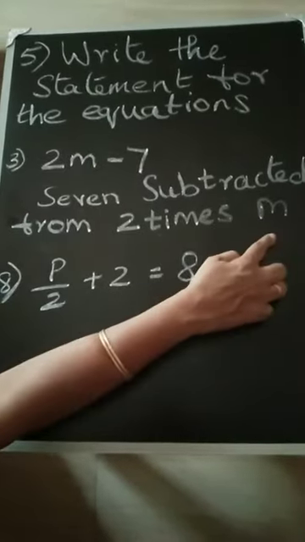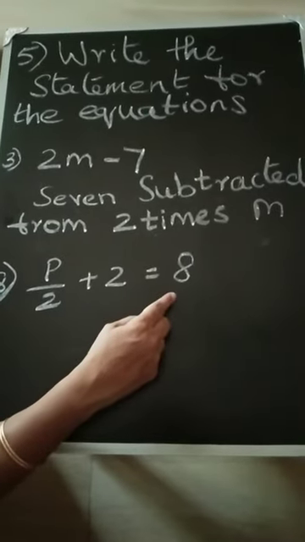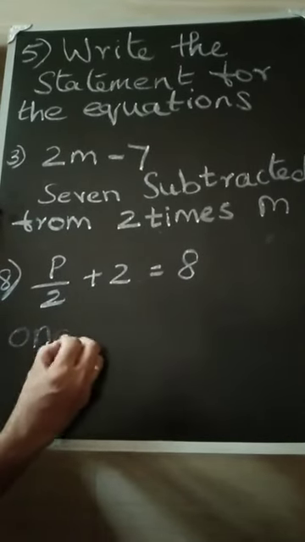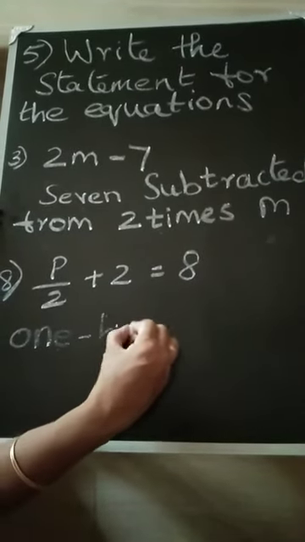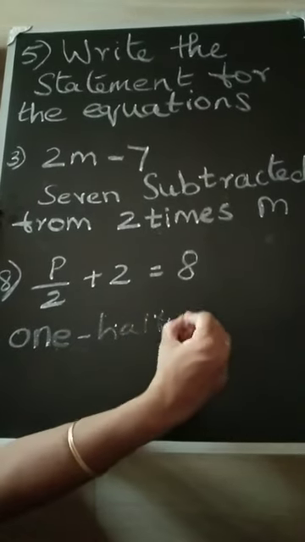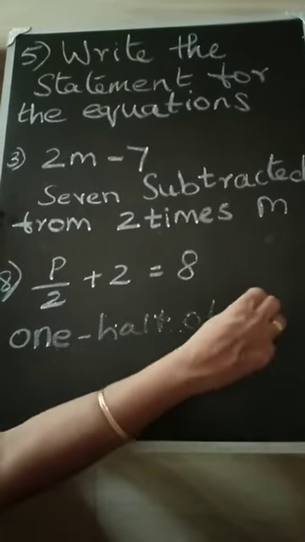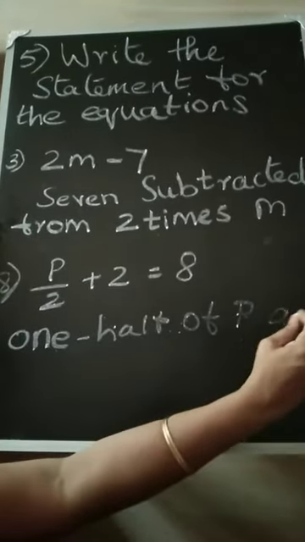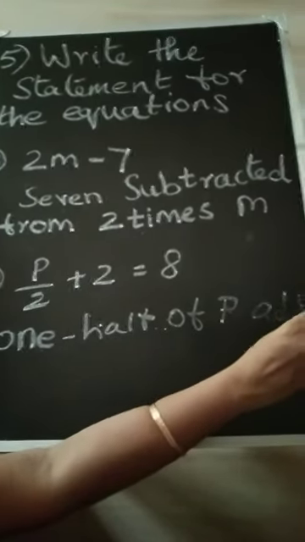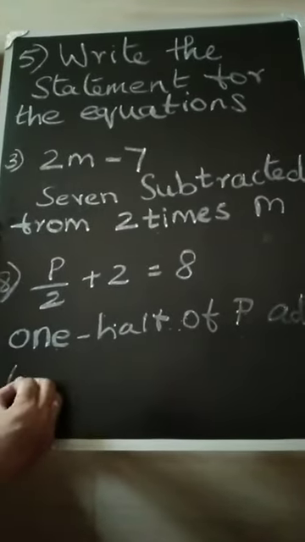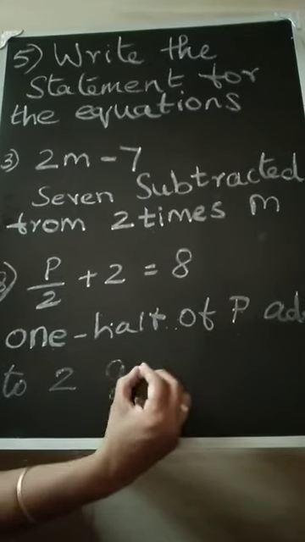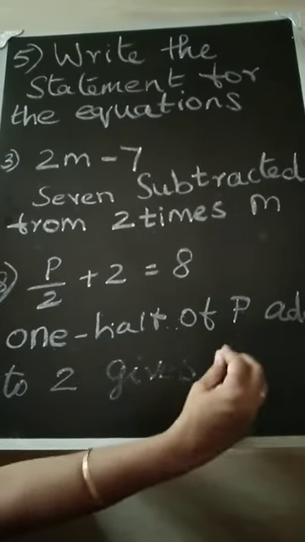Okay. Next question. P by 2 plus 2 is equal to 8. So for this you will write 1/2 of P. 1 by 2 you are writing it as 1/2 of P added to 2 gives 8.